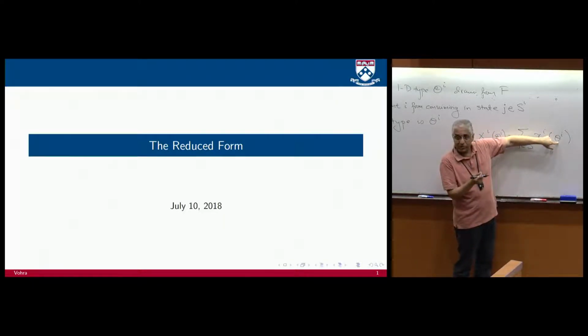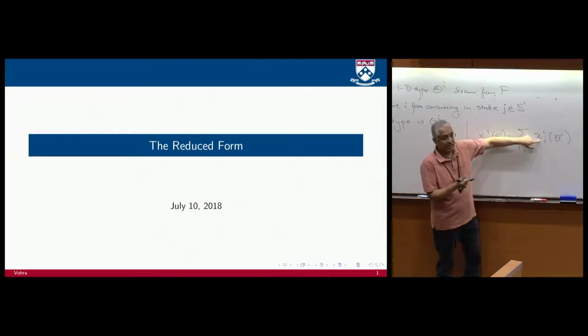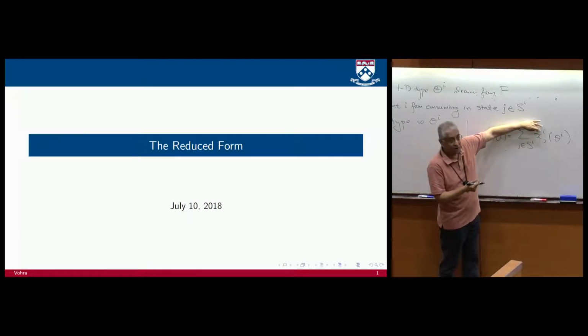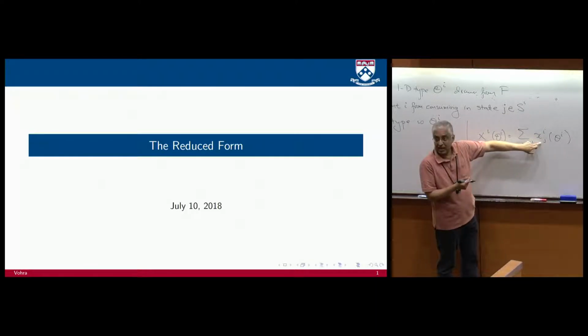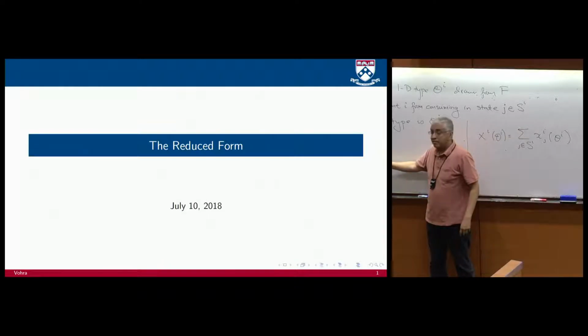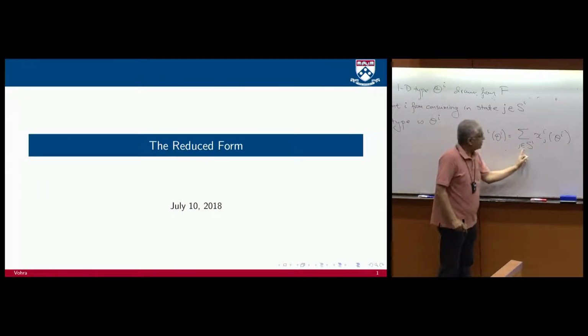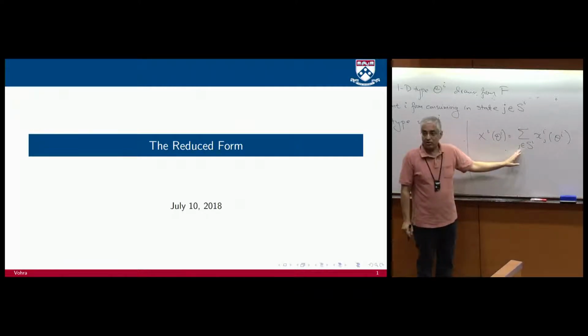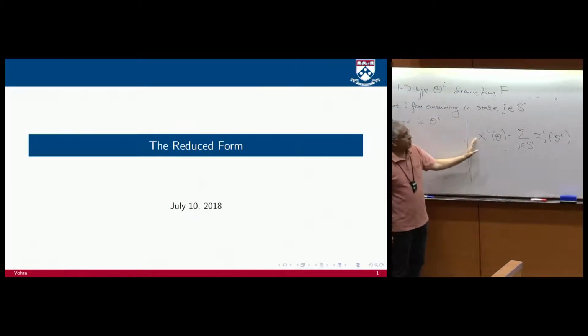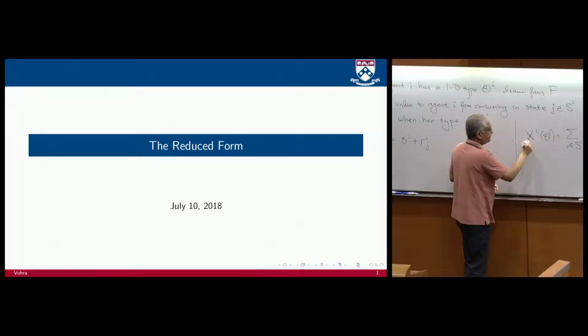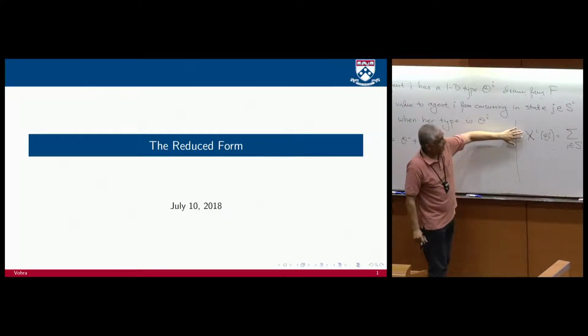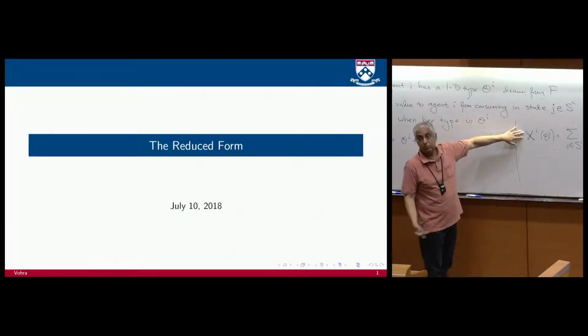And then as a function of your report, I'm going to make a decision about the expected discounted number of times I will give you the object when you are in state J. Right? Now remember, you can't lie about this, so I can observe which state you're in. Okay? And now notice I'm adding this up over all the possible states. So what does this represent? This represents this capital X, big X, the expected discounted number of times you win the object.